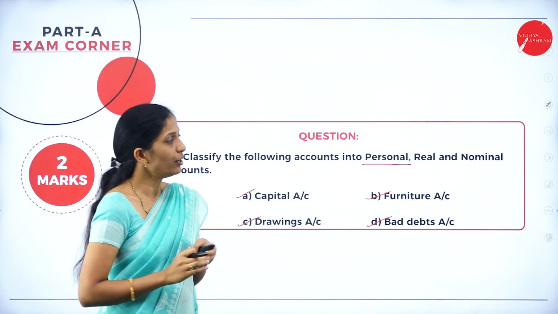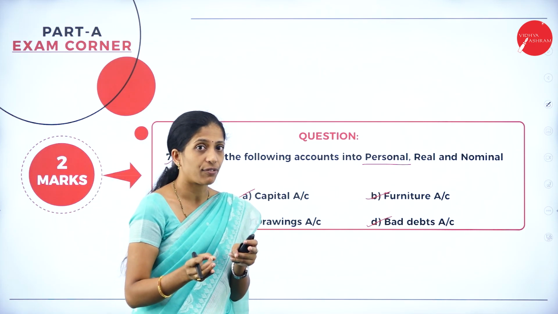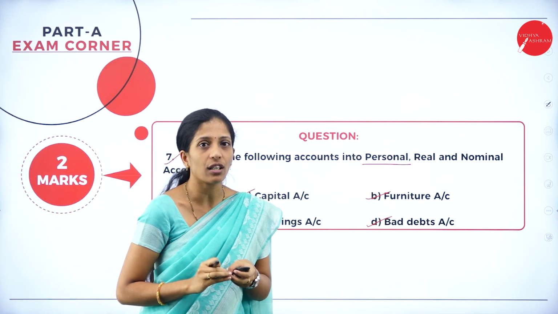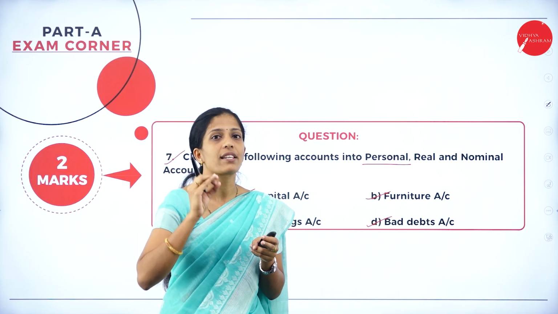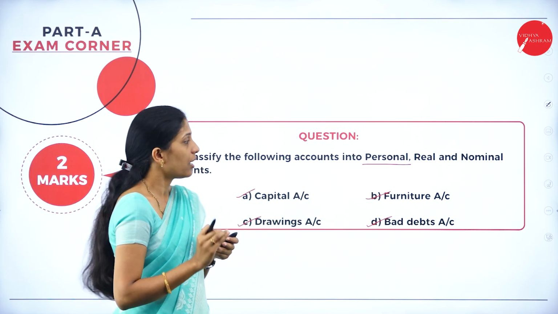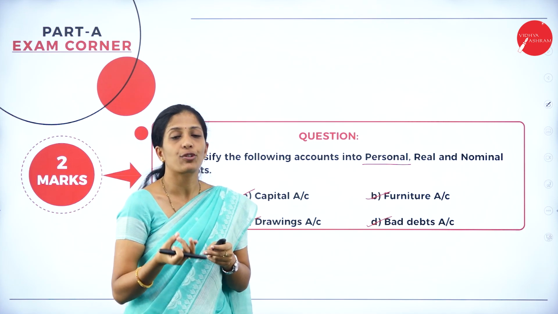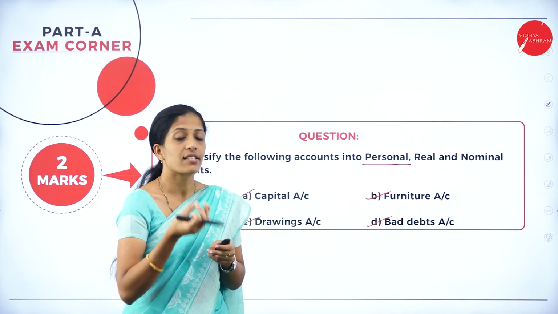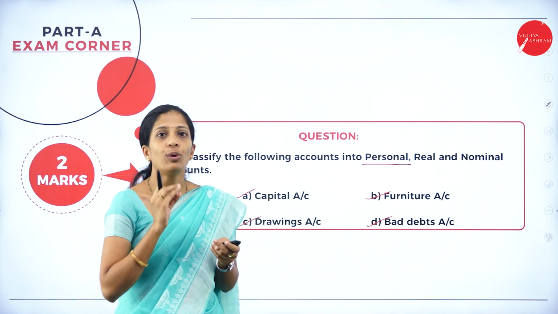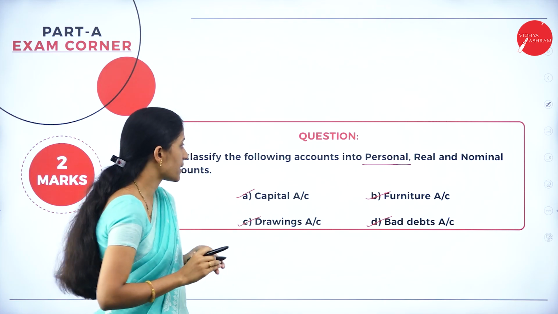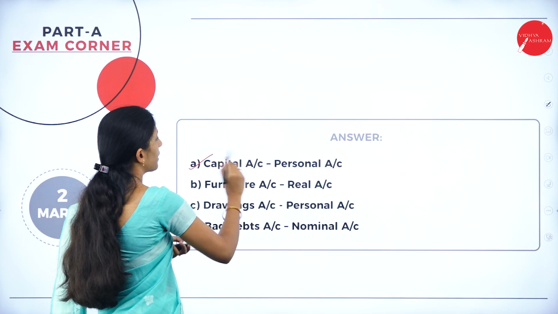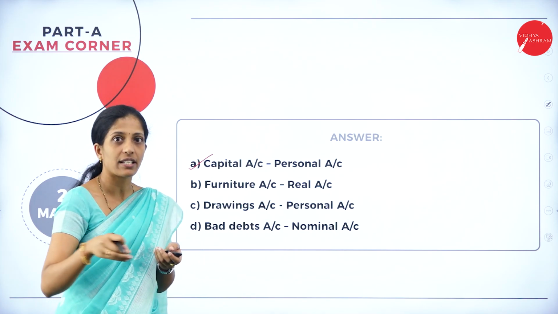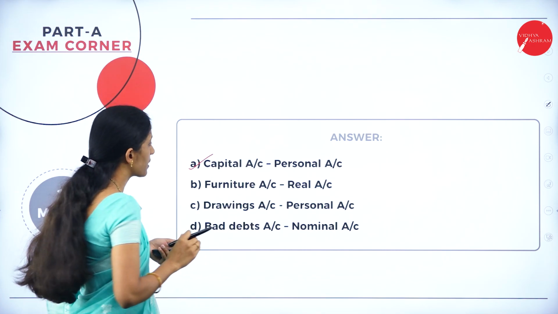As I told you, if you want to know how to classify, first you have to know the meaning of personal account. Personal account is all related to persons or institutions. Real account is related to what? Properties. Nominal account is related to income as well as expenses. Now what is the answer for this question? Capital account is a personal account because it is related to a particular person.